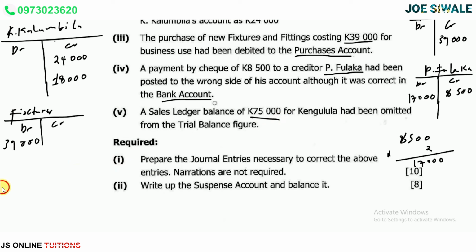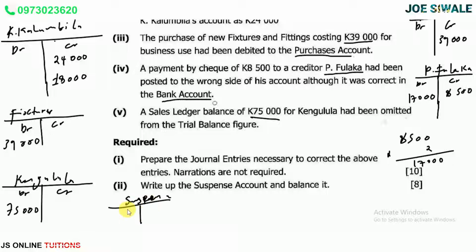And we can show that entry in his account. And since he was receiving 75,000 worth of goods, that means that we're supposed to debit that figure. So we're supposed to debit 75,000 in his account, and the suspense account there, we're going to credit 75,000. So let us show that.